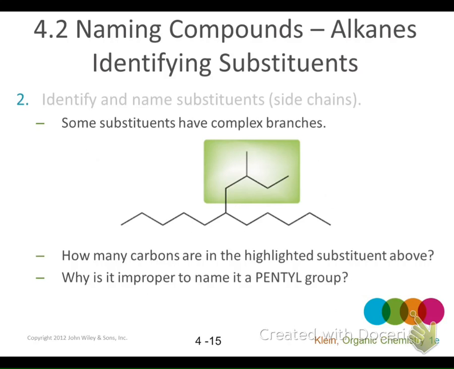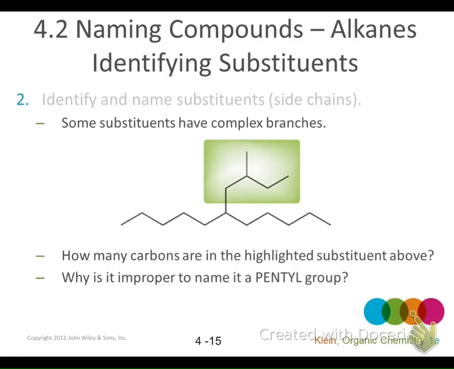Okay, so here's a situation. 1, 2, 3, 4, 5, 6, 7, 8, 9, 10, 11. 1, 2, 3, 4, 5, 6. 1, 2, 3, 4, 5, 6. Doesn't matter which way I number it. But this substituent will never give you a longer chain, so you have to name that. So what do you do when you have a quote-unquote complicated substituent? First of all, wherever it attaches, that's the number 1 for the side chain.